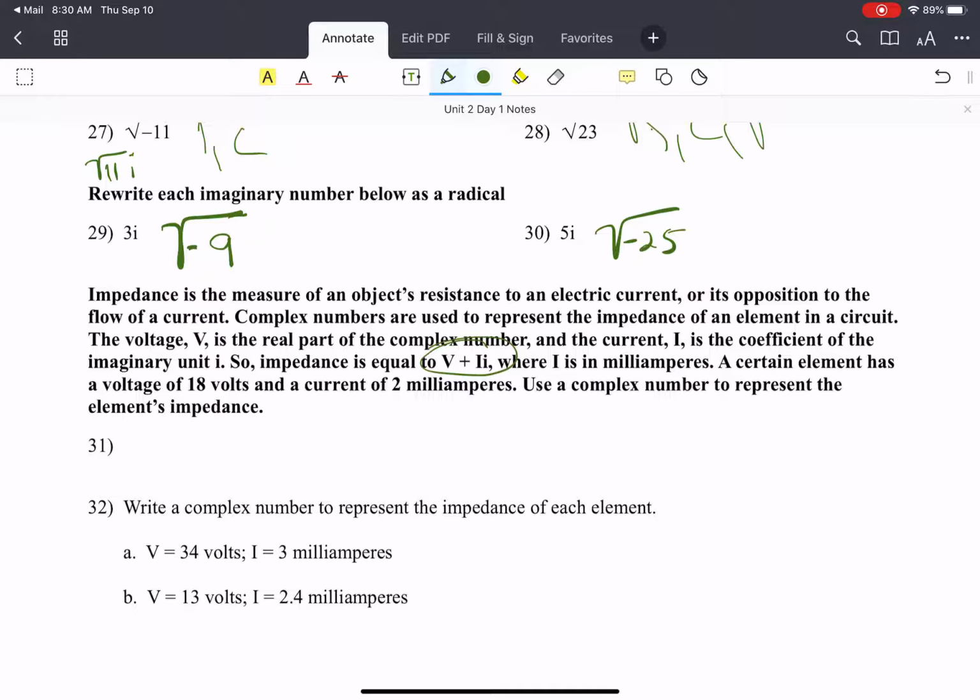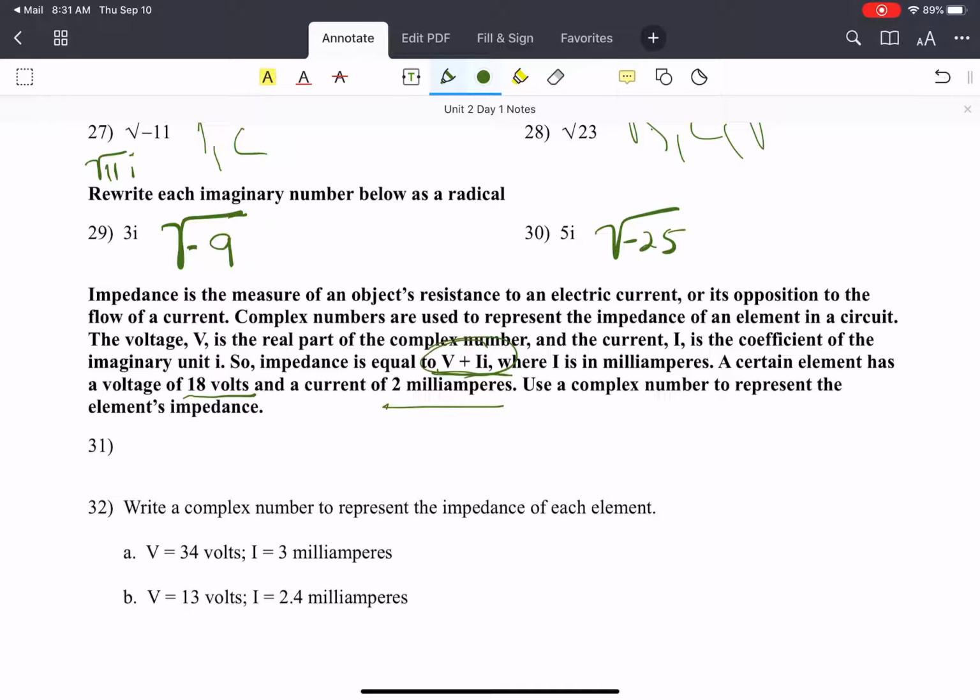Where I is in milliamperes. I don't know if I said that right. A certain element has a voltage of 18 and a current of 2 milliamperes. So what's its complex number? So 18 volts and a current of 2 milliamperes. So I need to write it in this form. It's easy. Don't overthink it.